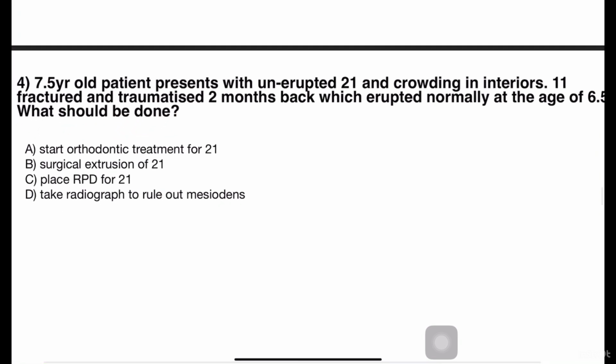The options are: start orthodontic treatment for 2-1, surgical exclusion of 2-1, place RPD for 2-1, and take radiograph to rule out mesiodens. So here the answer is take the radiograph to rule out mesiodens, because in this case we have to look for the supernumerary tooth, because they are very common at this central incisor area.